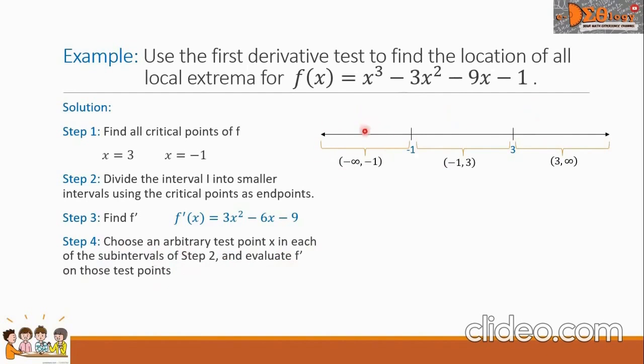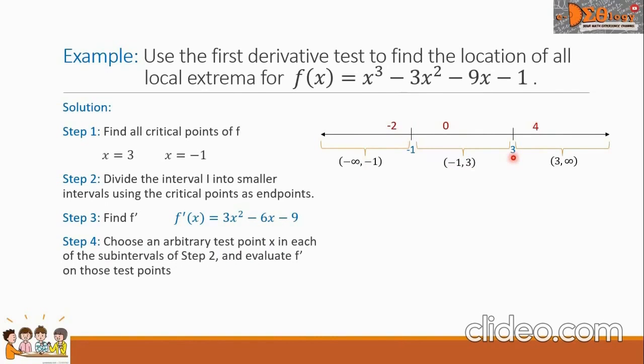On the first interval, we can choose -2, which is the first integer on the left side of -1. On the interval from -1 to +3, we know that 0 is part of this interval, so we can choose the number 0. On the third interval, we can choose the number 4. That is the first integer after number 3.